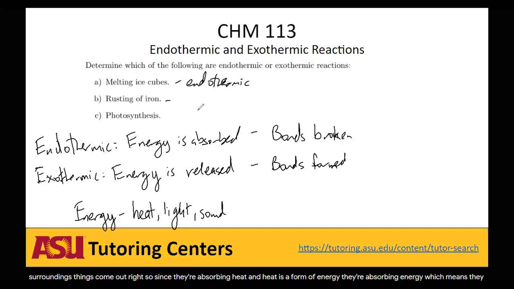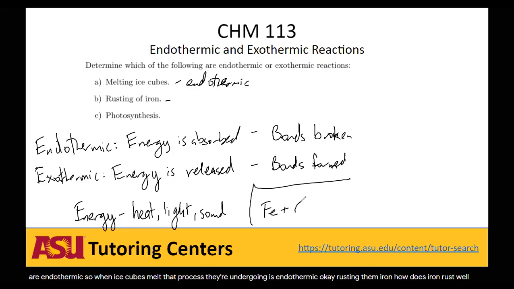Okay, rusting of iron. How does iron rust? Well, what happens is you take the iron, you add it to your oxygen, and you produce this iron oxide. That's the process of rusting. Your iron reacts with oxygen to produce an iron oxide, and this iron oxide has that orangish, brownish color that happens with rusted iron.